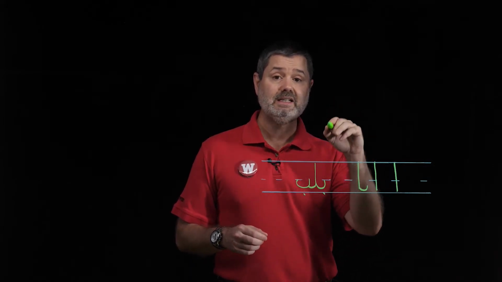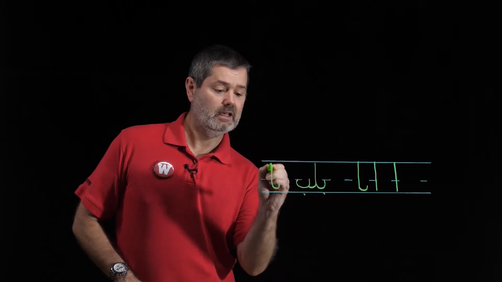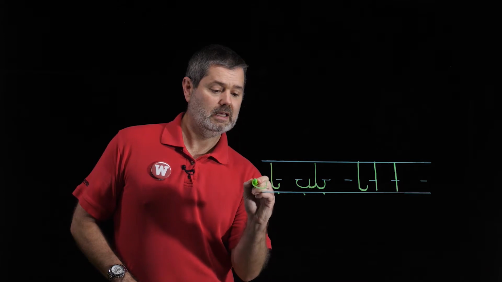This is a lam, which makes the L sound, as in Lubnan. That is a different letter than this. This is an Aleph. That is not. That's a letter we haven't studied yet, but it's a connected L.